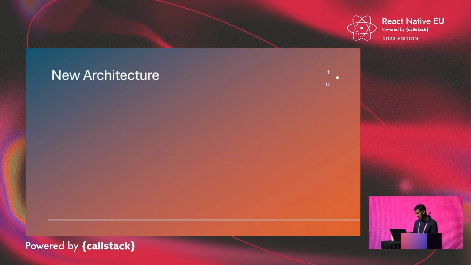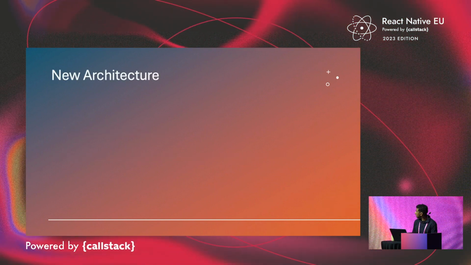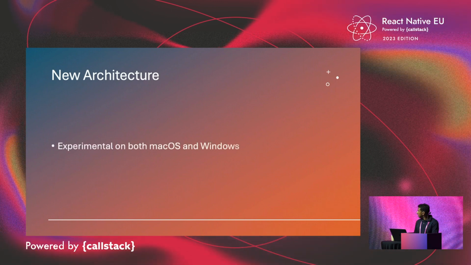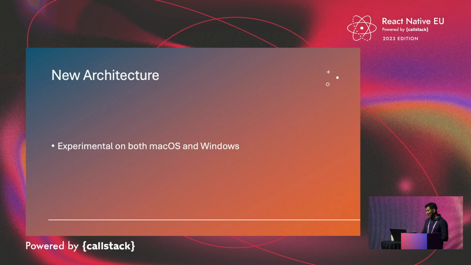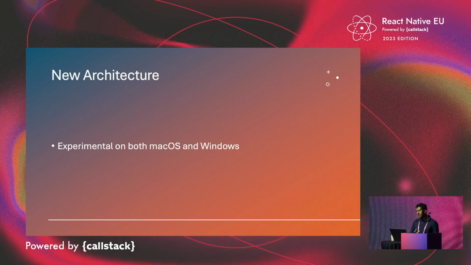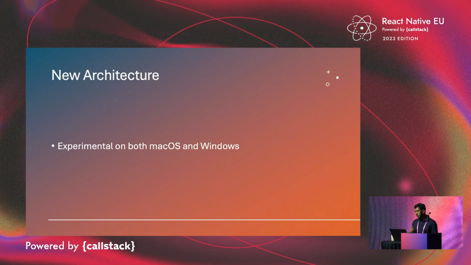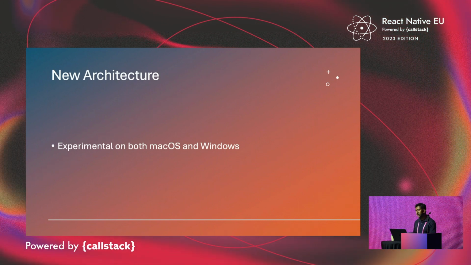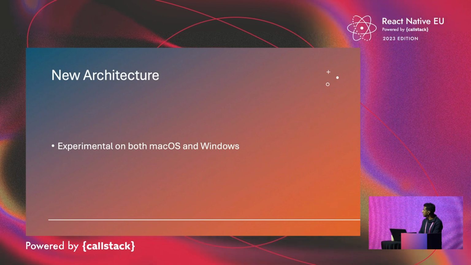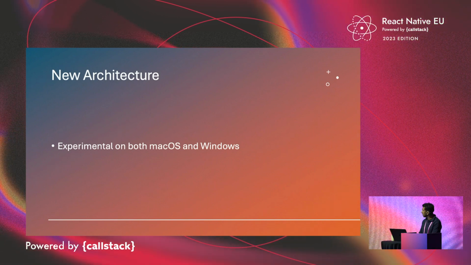And then new architecture. So this is another big area. It's currently in experimental stage on both macOS and Windows. So lots of work still needs to be done. If you're an early adopter and you want to try it out, by all means, please do. But we do not recommend that you ship anything on it at this point.